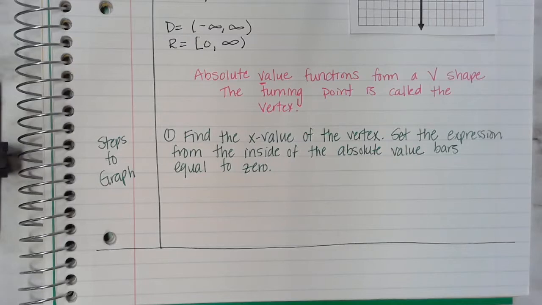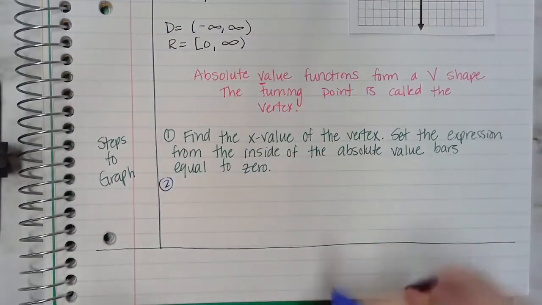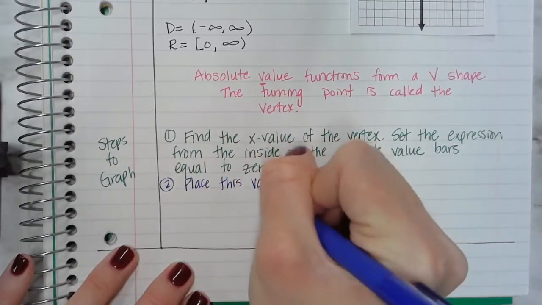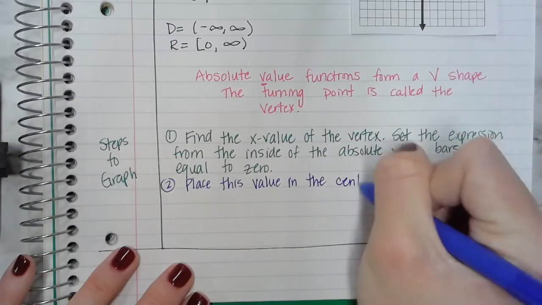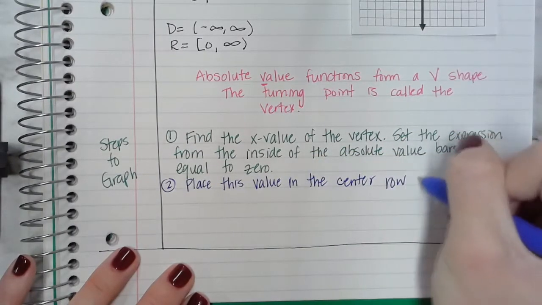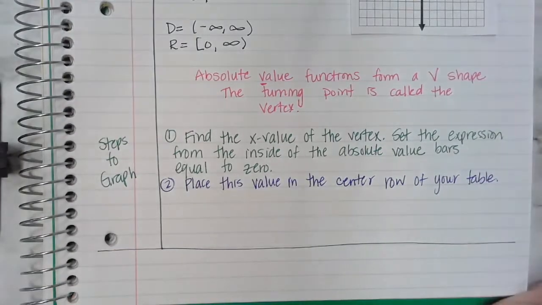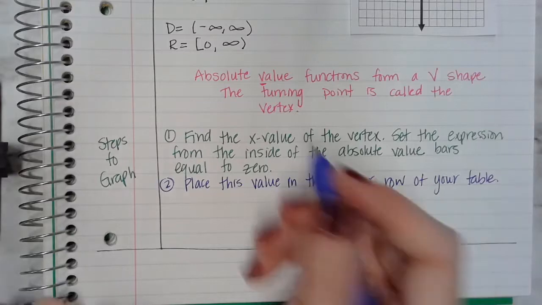Whatever's inside those absolute value bars, set it equal to 0 to find the x value of your vertex. Then, step 2, you're going to place this value in the middle of your table. In the center row of your table. You're going to number your values up and down to complete the table.